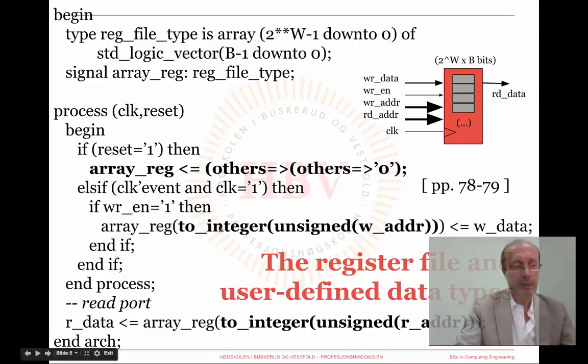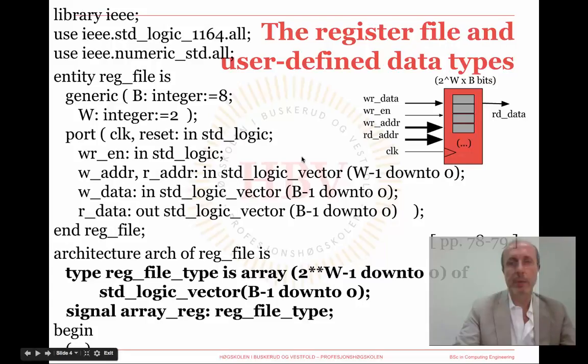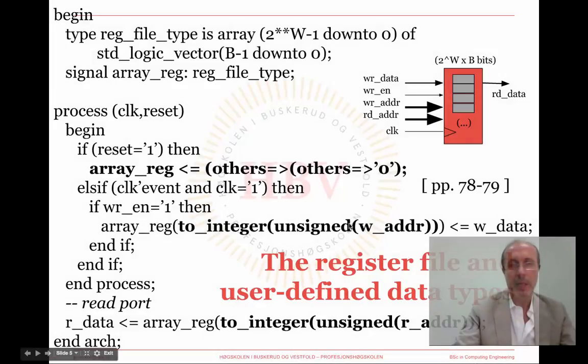The second thing that you should pay attention to is that the array index that is being used to identify which register we want to access must be of the integer data type. And our address buses, as you may recall from our previous slides, were defined as standard logic vector data types. So we need to do a type conversion.